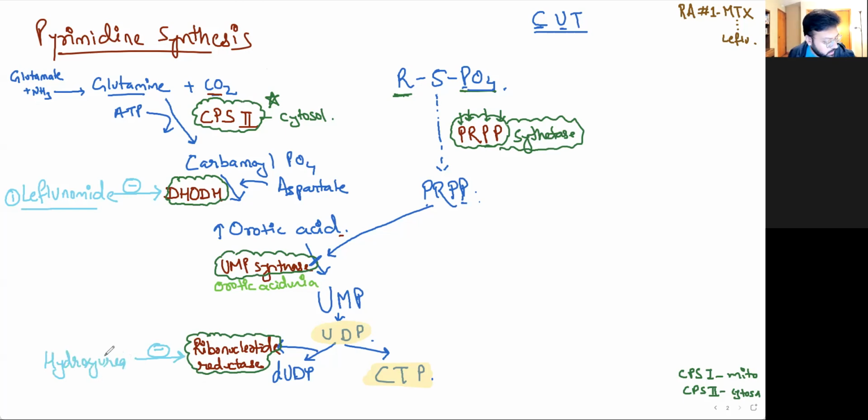Hydroxyurea is your second drug here, which can block ribonucleotide reductase. So in pyrimidine synthesis, we have hydroxyurea, we have leflunomide. So actually this is kind of common between pyrimidine and purine synthesis, so you can just name it as a common drug as well. Okay, hydroxyurea blocking ribonucleotide reductase.